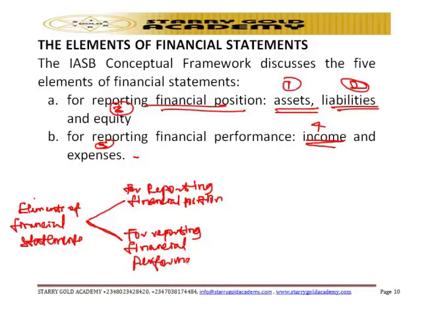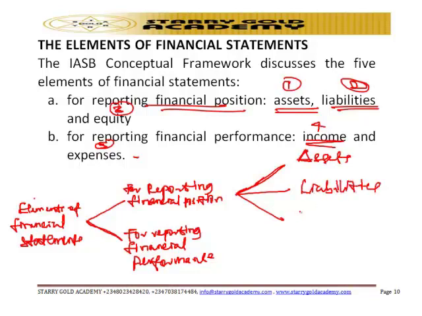So under the financial position, it is divided into 3 categories. The elements are 3 here. We have assets, we have liabilities, and we have equity. While under financial performance, we have what?